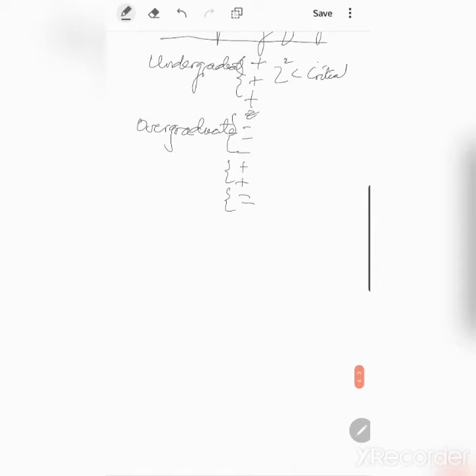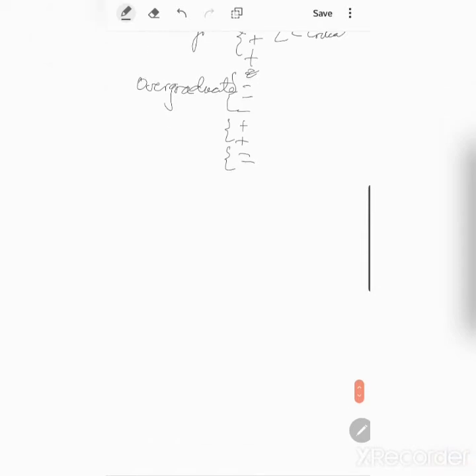Okay, so assume that in your data there are n1 positive signs, and n2 negative signs in the data.